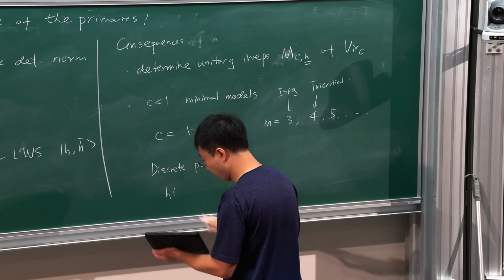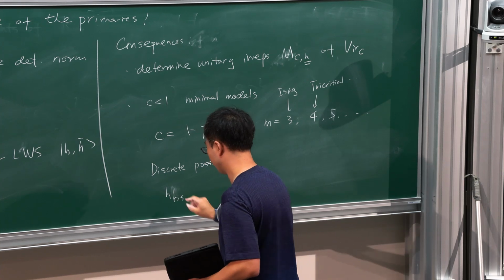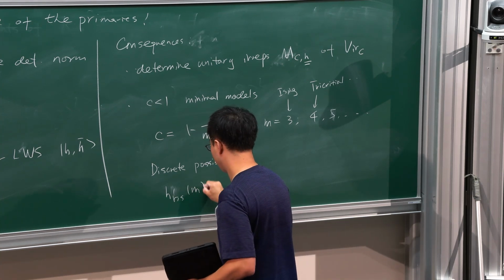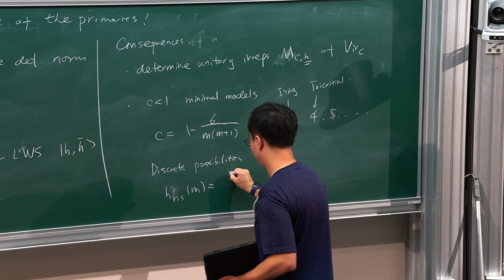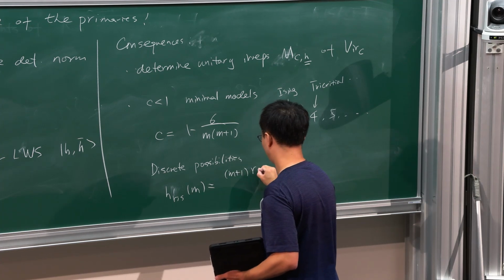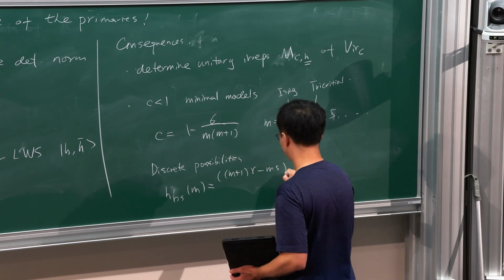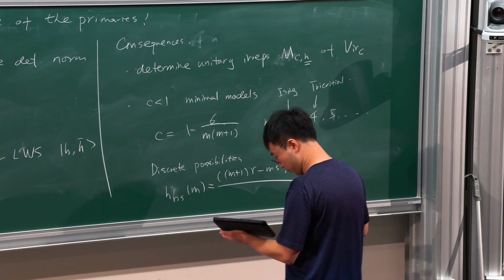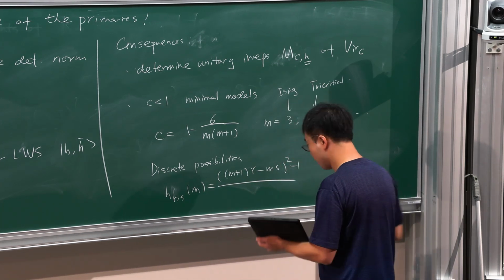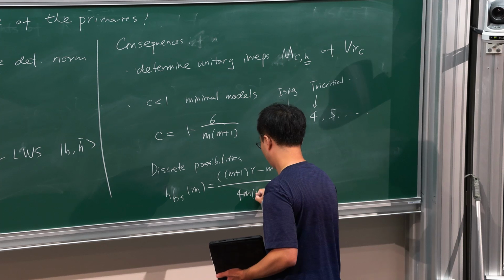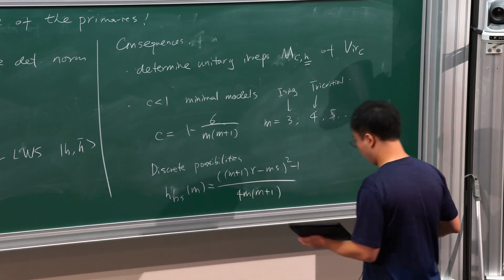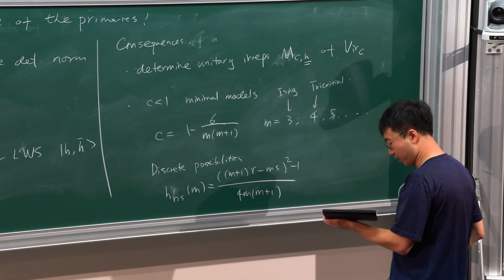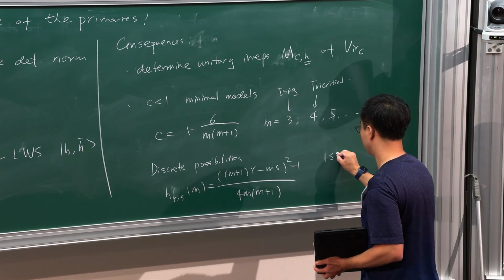They are given by this famous formula, which you can again find in many references, as follows. Where this R and S are natural numbers.